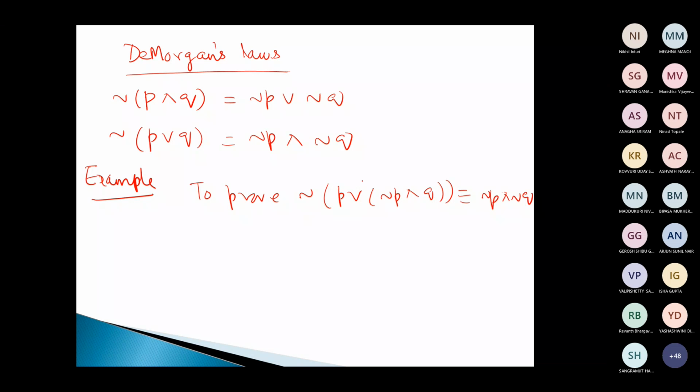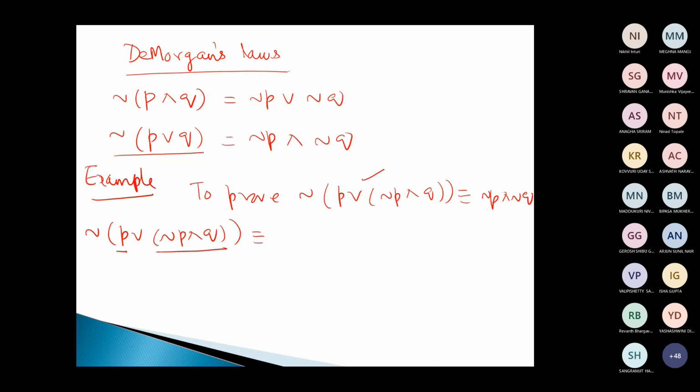Okay. So I'll take the LHS: not of P or not P and Q. Can you apply De Morgan's law? Carefully you have to apply. See, this is your P and this is your Q. Not of A or B, so the result should be not A and not B here.